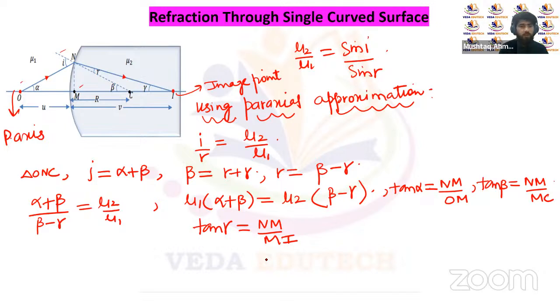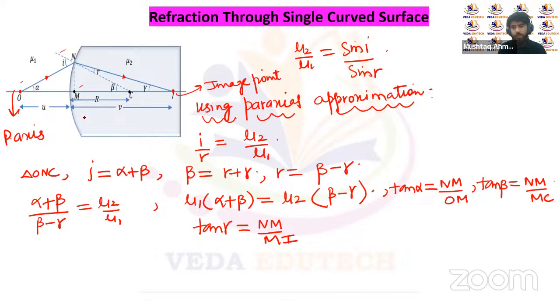Now the distance from point M to this image point is called the image distance, and the distance of this object from point M will be called the object distance. So OM will be equal to object distance, and IM will be equal to image distance, and MC here will be the radius of curvature for this curved surface.